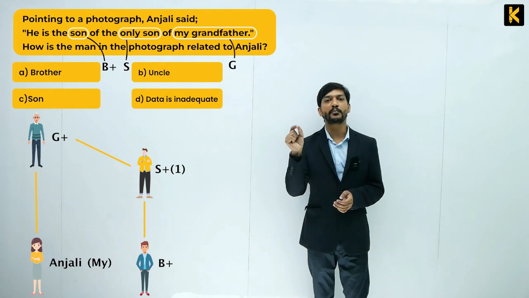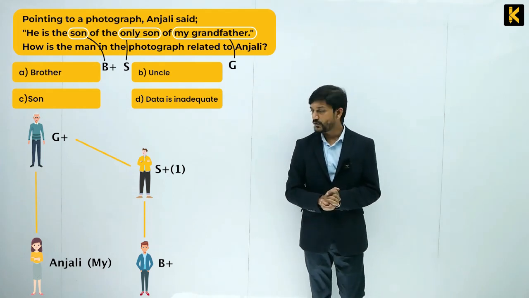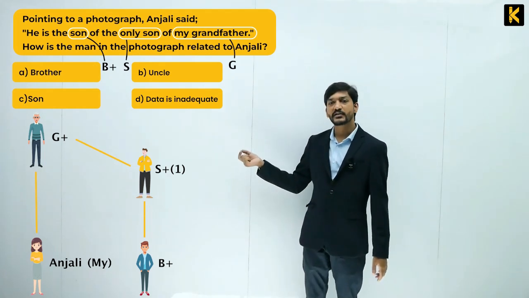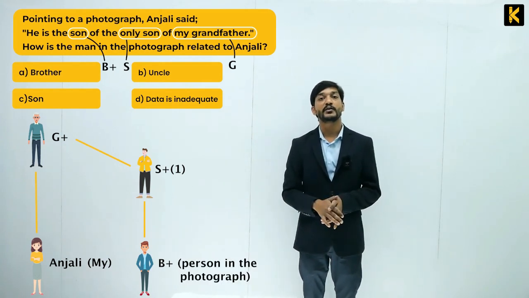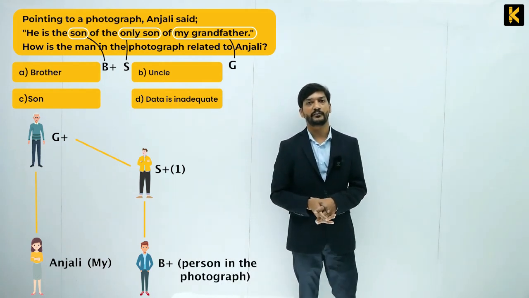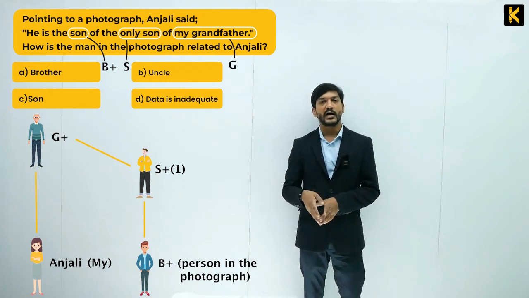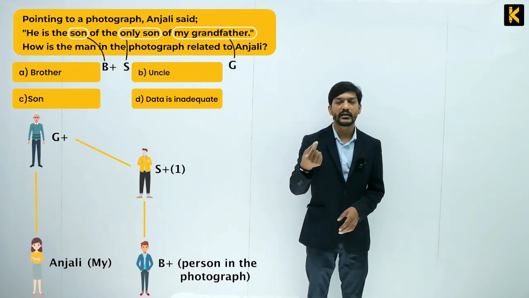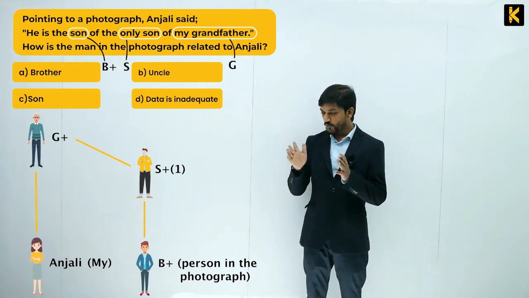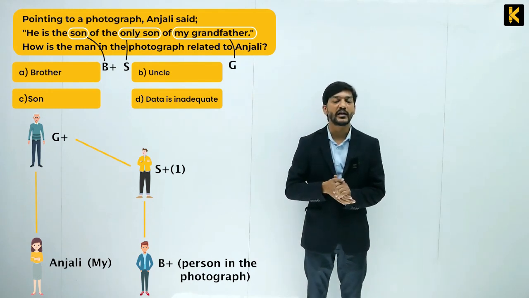He is B plus. So that means this B plus, whoever it is, is the person in the photograph. Because Anjali is talking about a person, and for that person she is using the word he. Obviously the photograph is of a male person.